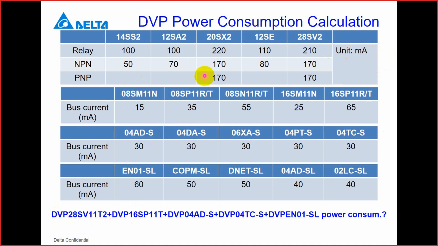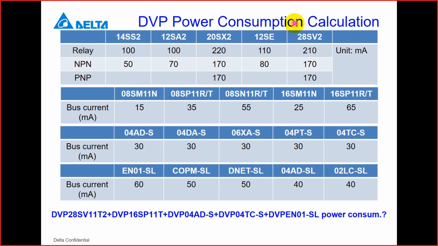So this is the purpose why I'll talk about this page. Okay, so you can see if we use relay, it will definitely consume the more current, right? Because it takes more current to drive the relay. So you can see compared with a transistor and relay is almost double.